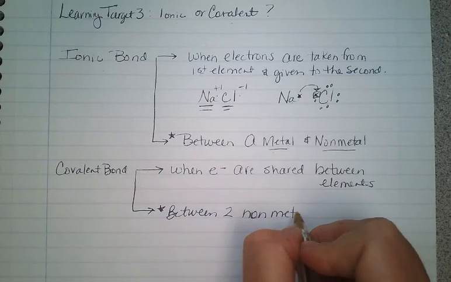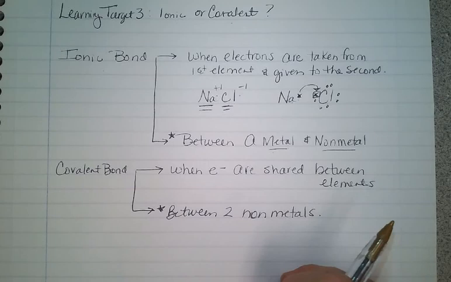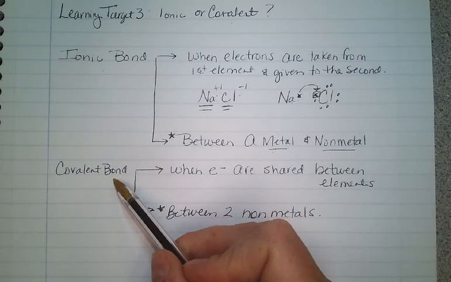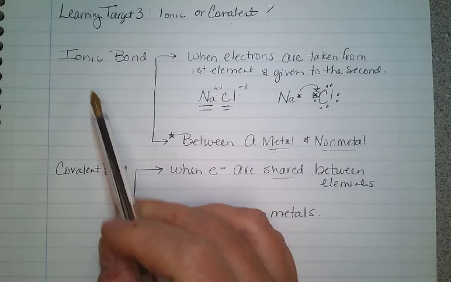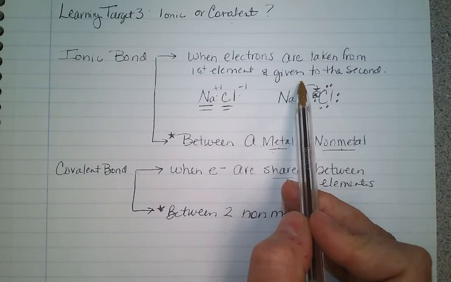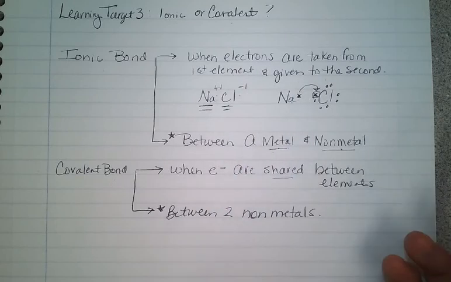There's lots of cases, and I don't want to get too far into those examples of how these form, because that can get a little confusing at this point in the game. But if you know that two nonmetals form a covalent bond and they share electrons, and you know that an ionic bond is a metal and a nonmetal, where the first one gives the second one an electron or two possibly, then we'll be good to go.